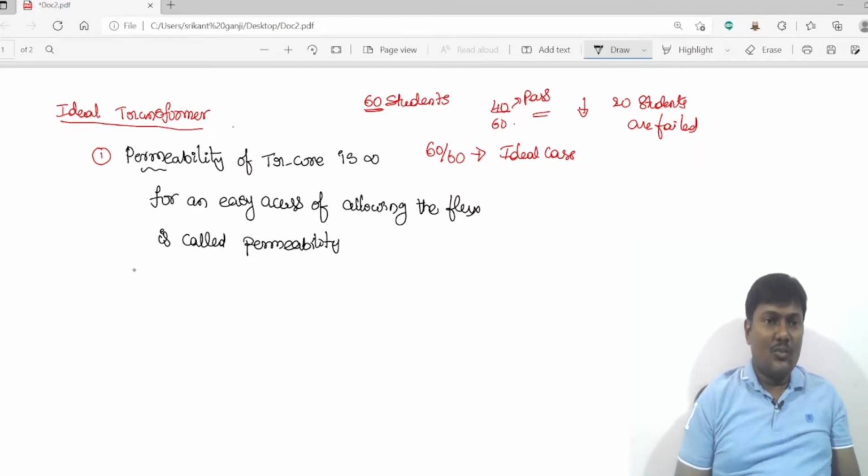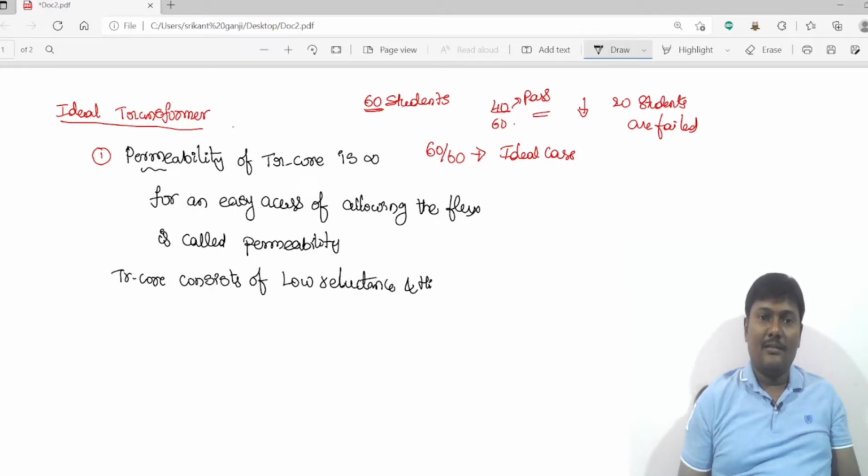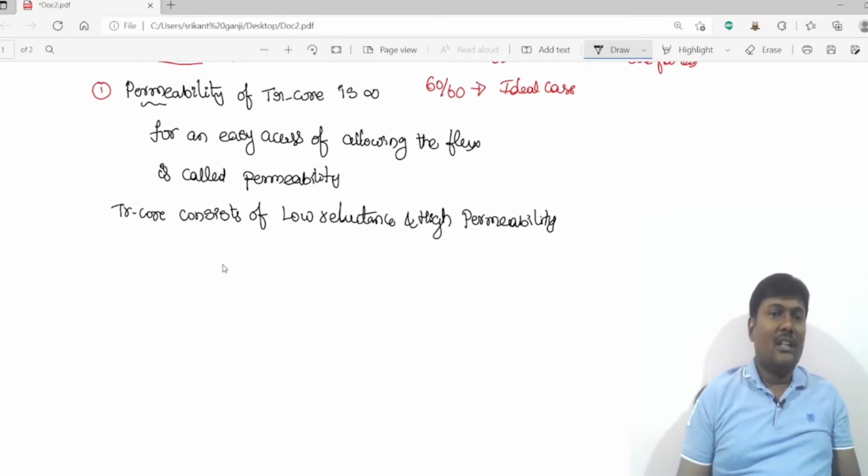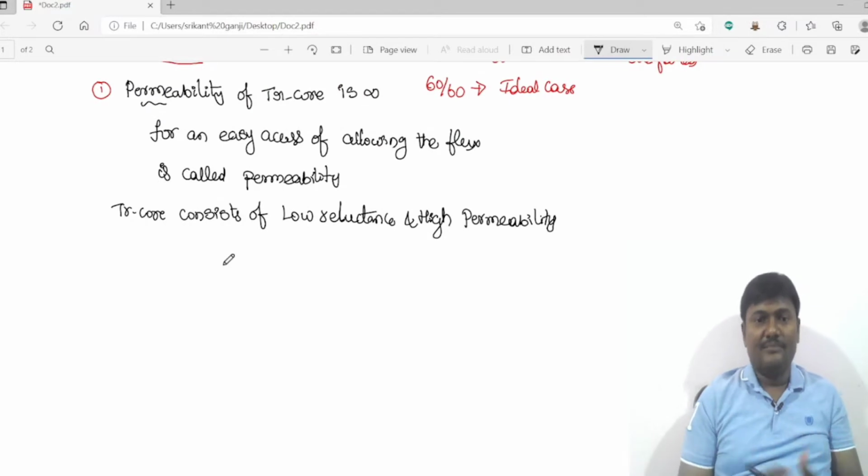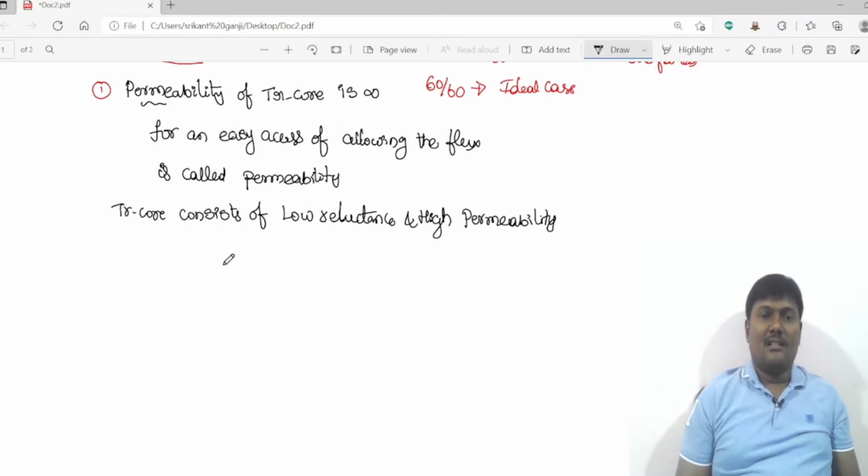So the transformer core consists of low reluctance and high permeability. This is a feature. What is the relationship between reluctance in a magnetic field?